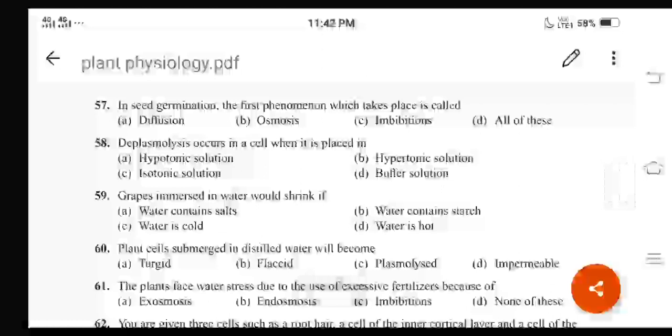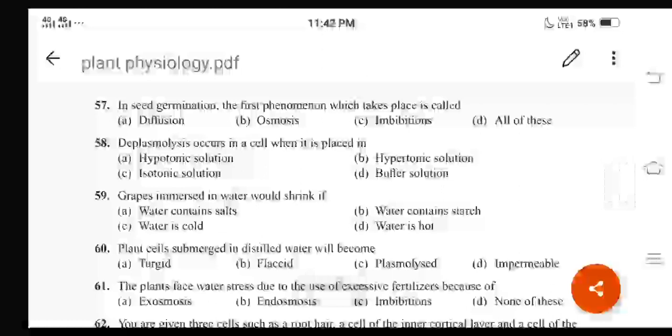Then question number 59. Grapes immersed in water would shrink if, the different options are like this. Water contains salts, water contains starch, water is cold, then water is hot.